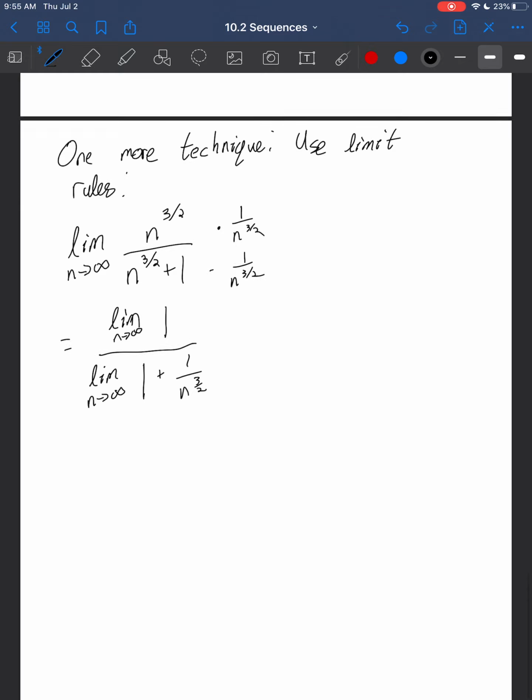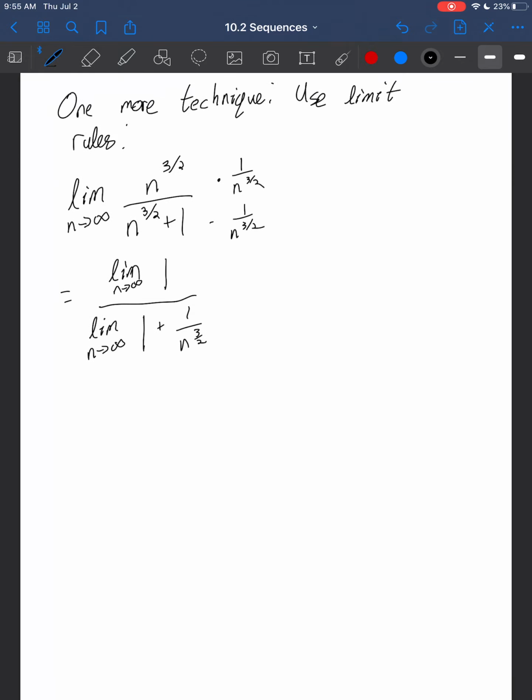Well, the limit as n goes to infinity of 1 is just 1, and we can break up the addition here. We do have to be careful that we're not going to get a 0 on the bottom, so just always be double checking your work for this. So this is actually 1 over 1 plus the limit now as n goes to infinity of 1 over n to the 3 halves. Okay.